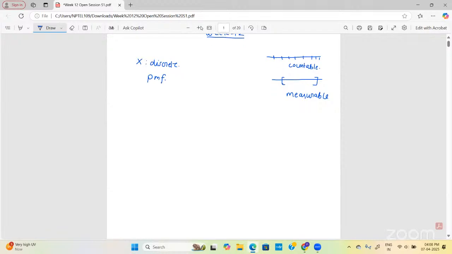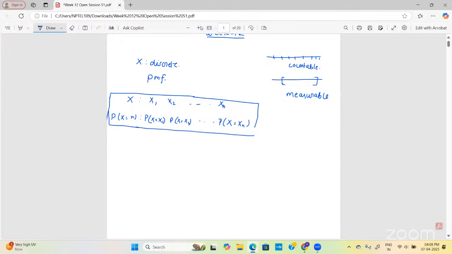Suppose we have a random variable x which takes values x1, x2, up to xn, and we write the corresponding probabilities: the probability that capital X takes value x1, takes value x2, and for xn it takes value xn. So we write the values of the random variable and their corresponding probabilities. This is how we define the probability mass function.